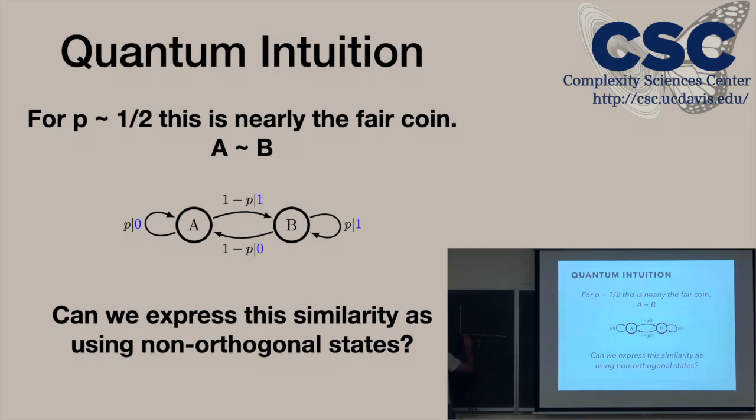So this p is from 0 to 1, and this is 1. Okay, so no matter how close we are to this point, p equals 1/2, where the thing is nearly indistinguishably a fair coin, the epsilon machine tells us that we still have to hang on to 1 bit of information.